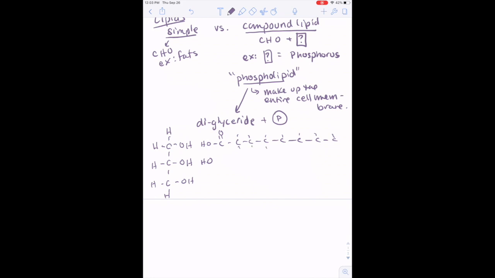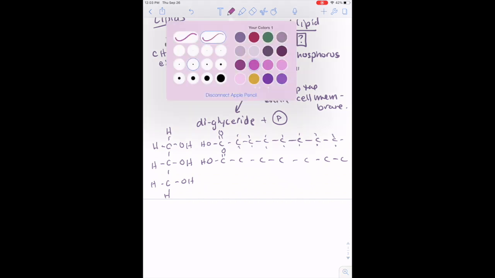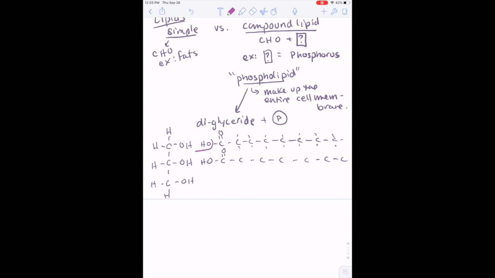I'm not going to draw all those hydrogens, you can use your imagination for that. And a second one here. Nothing but carbon and hydrogen down here. A dehydration reaction comes along and rips out an OH group from the fatty acid and a hydrogen from the carbon of the glycerol molecule.